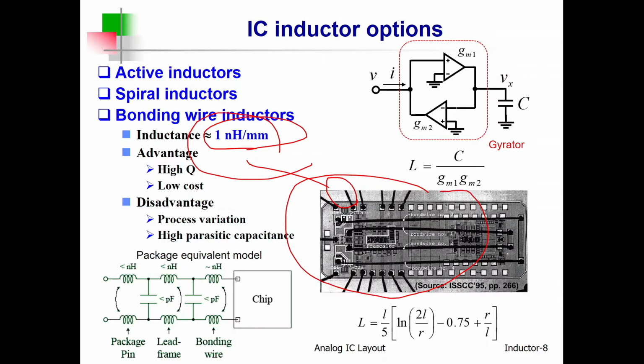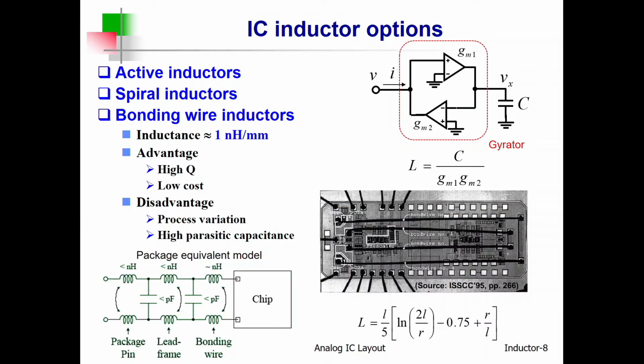If you have a long bonding wire like this, it is done on purpose, to get large enough inductance for RF circuits. And for the Q factor, because it is composed of metal wire, the series resistance of such a bonding wire is much, much less than that of an on-chip spiral inductor.